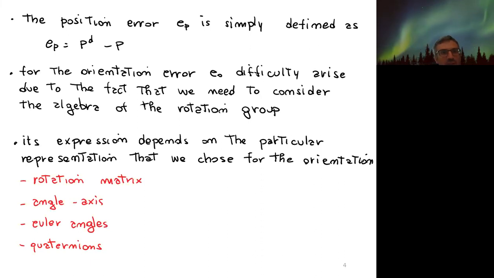The expression of the orientation error depends on the particular representation that we choose for the orientation, that I remember to you are the rotation matrix, the angle axis, the Euler angles, and the quaternions. Now, to define the rotation error, let's start from the rotation matrix.